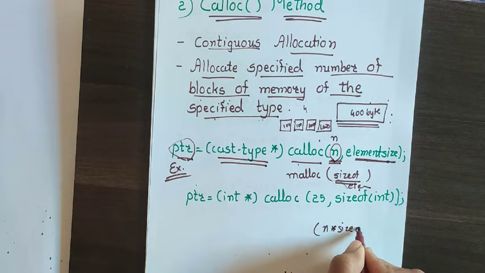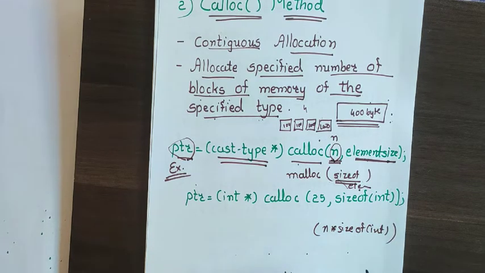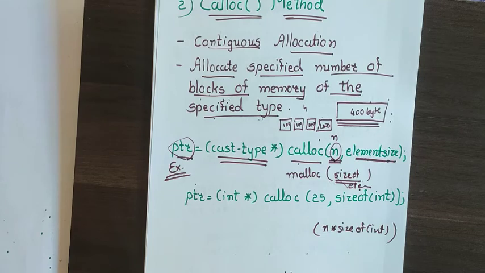That is why previously I applied n into sizeof integer, because I wanted 4 bytes multiplied by 100. In the previous example n was 100, so 100 into 4 is 400.